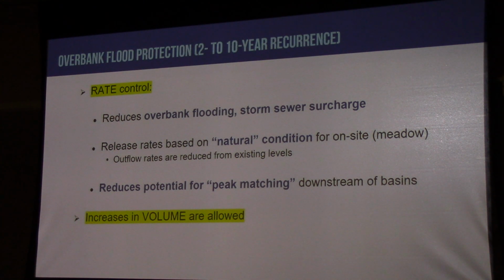Another benefit of having it go down is reducing the potential for peak matching. This is what I showed you in the graph of the hydrographs earlier, and I probably should have pasted it here too. Sometimes when you design a bunch of detention basins in one neighborhood, and you're letting the water go at the rate it does today before development, and all those basins let their water go about the same time, these peaks can line up in ways that maybe they didn't originally.